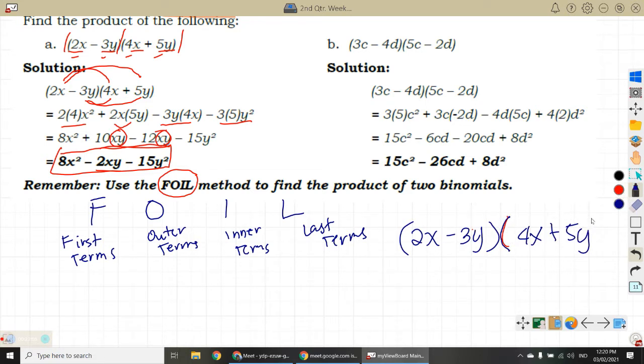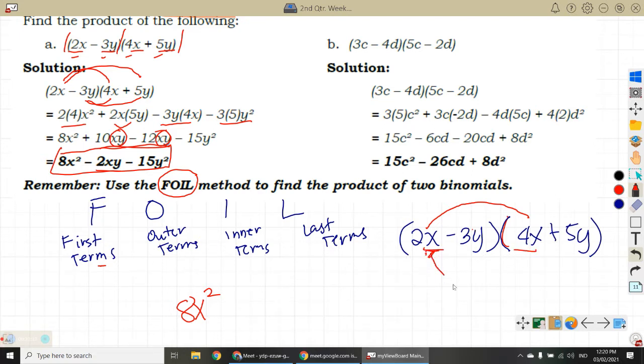So, multiply natin first term to first term. Okay? 2x times 4x, we have, let's say, 8x squared. Kaya yan, first term to first term. Next is outer terms.